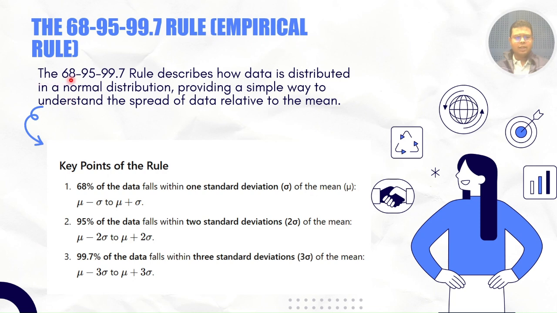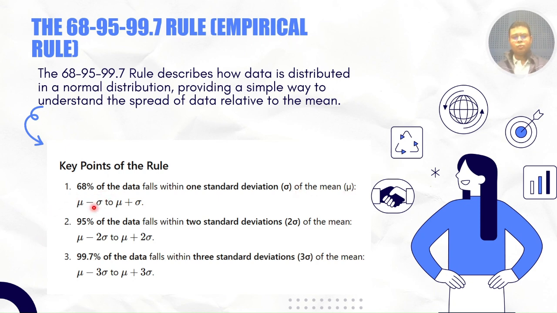The 68, 95, and 99.7% rule describes how data is distributed in a normal distribution and provides a simple way to understand the spread of data relative to the mean. What does it mean? For 68%, your data will fall within one standard deviation of the mean, the population mean.